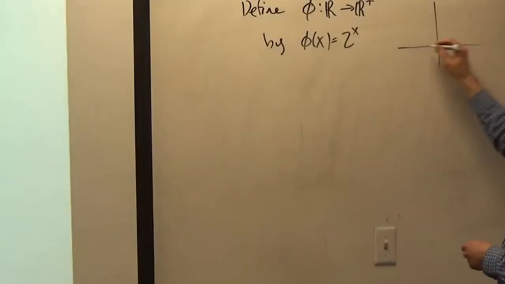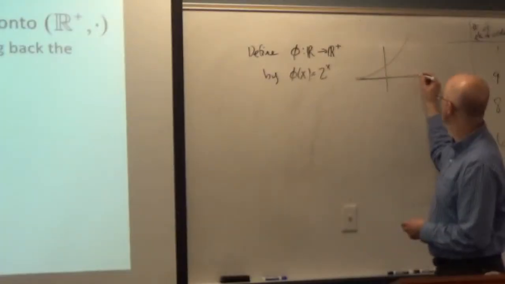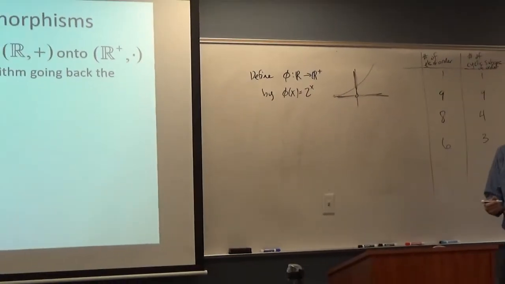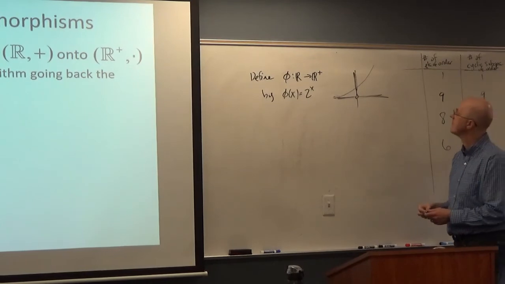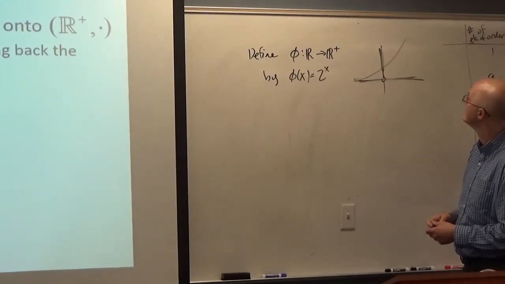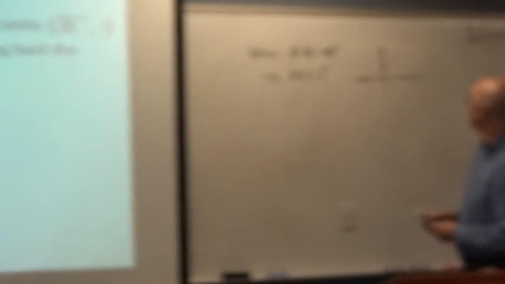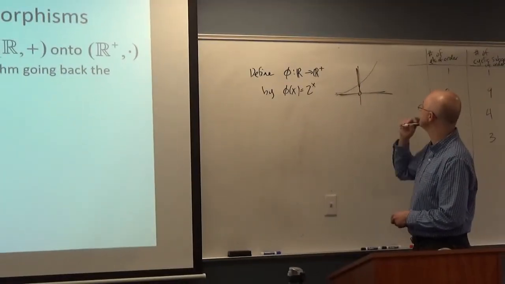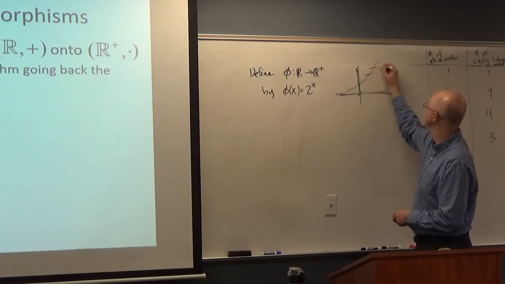Its graph, of course, looks like this. The domain is this thing down here, and the codomain is this up here, not including 0. It's 1-to-1. We're not really proving that, but it is. It passes the horizontal line test.